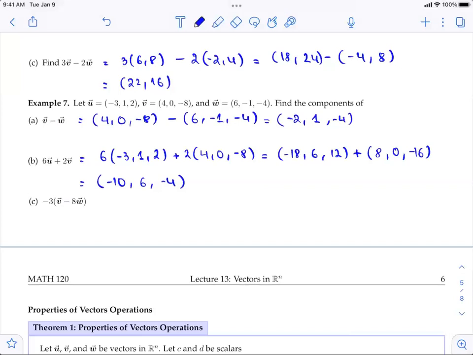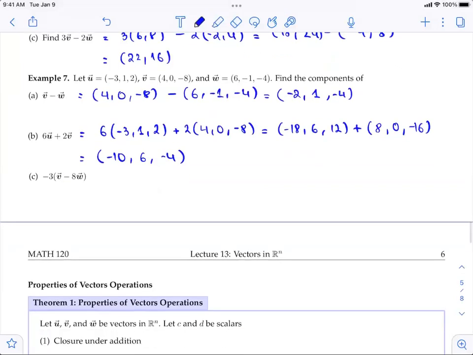All right. And the last part here, you have -3 multiplied with this difference. So I'm going to keep -3 throughout the whole calculation. I'm just going to do this scalar multiple -3 at the end after I find the representation of this difference. So v is equal to 4, 0, -8, minus 8 times 6, -1, -4.